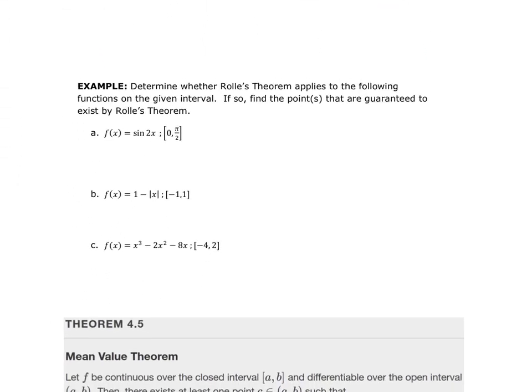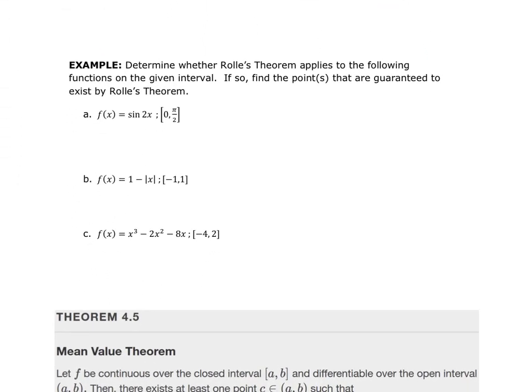So if we were asked to determine whether or not Rolle's theorem applies to each one of these, and if so, find the points that we're guaranteed to have, the first thing I need to do is determine whether or not f of my left is equal to f of my right. So for example A, I'm going to do f of my left, which is 0.